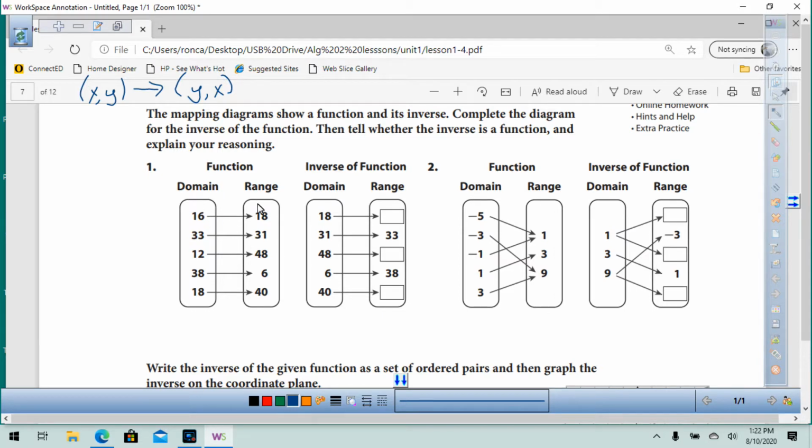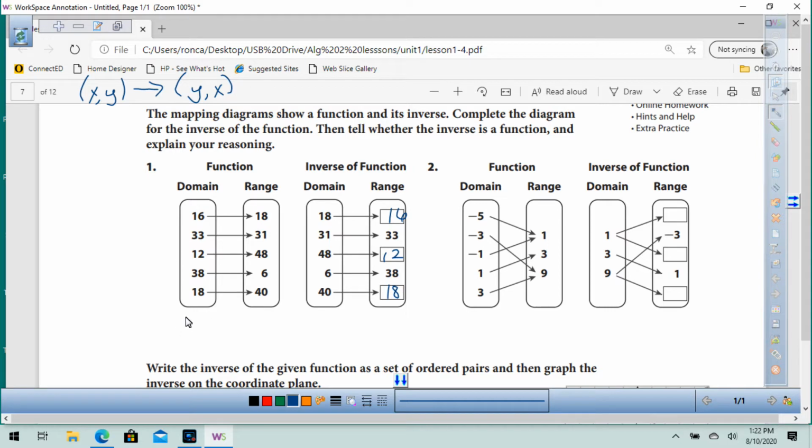So let's look. We got 16 becomes 18, so 18 becomes 16. 33 becomes 31, so 31 becomes 33. 12 becomes 48, so 48 becomes 12. 38 becomes 6, so 6 becomes 38. 18 becomes 40, so 40 becomes 18.